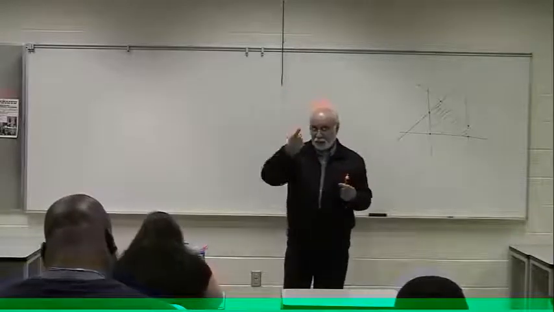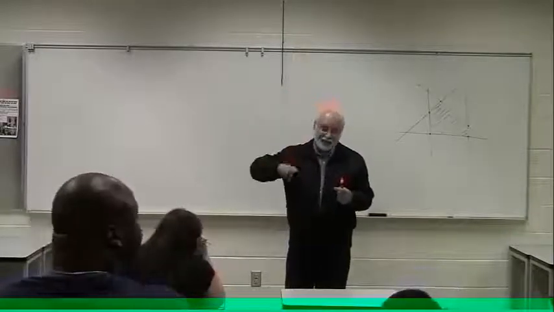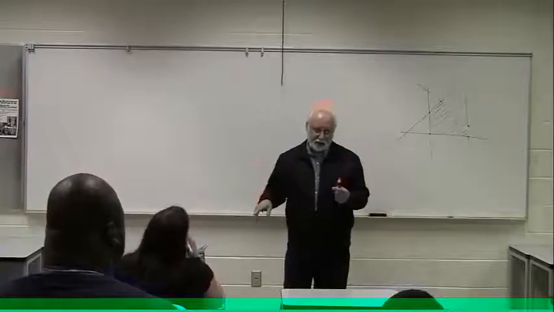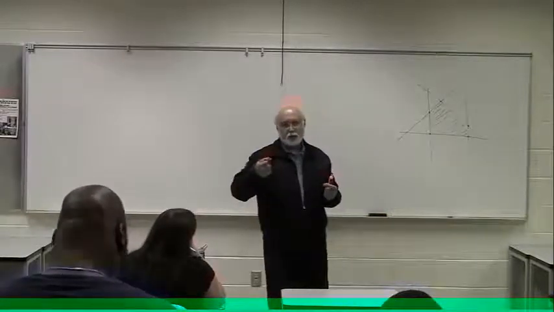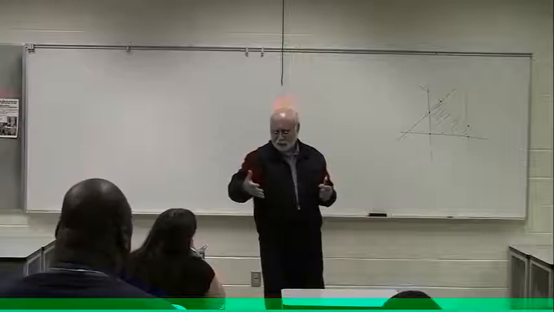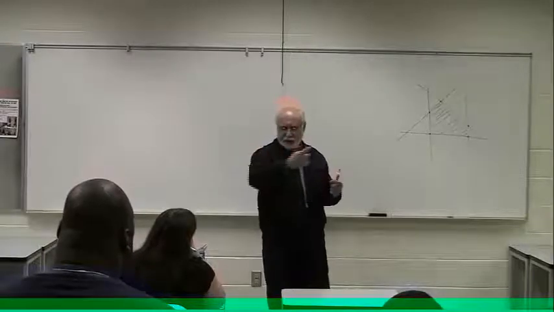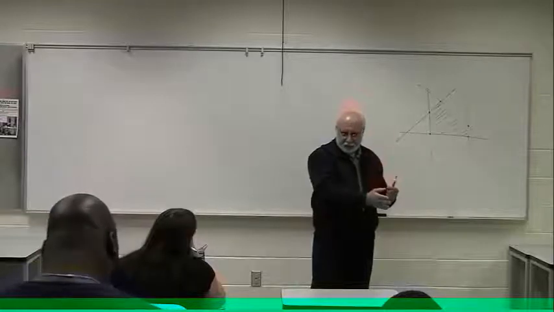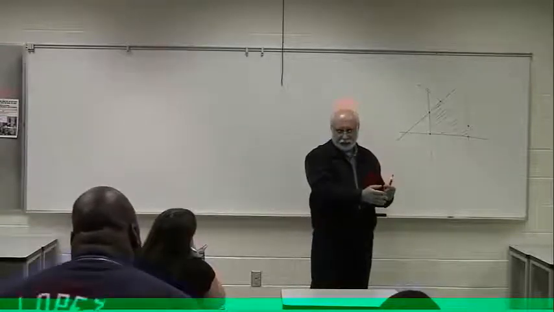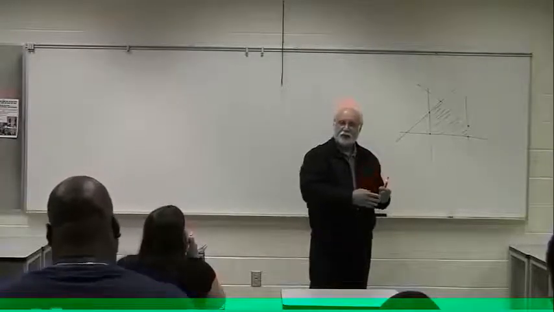So it is plus s1, plus s2, plus s3, which makes s1, s2, s3 a good candidate to go into the basis. And what is a basis? It's the set of basic variables. Okay?